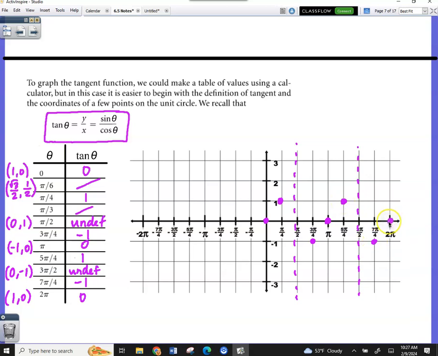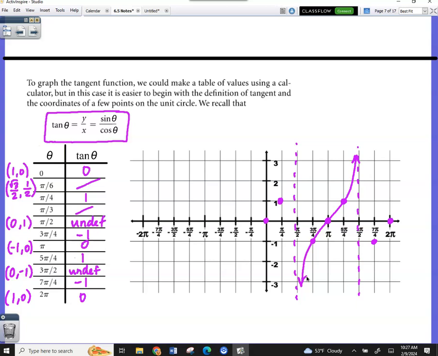2 pi is 0. So what makes tangent weird when you go to graph it, using the same radian measures within 0 to 2 pi, is that you end up graphing basically 3 tangent curves. There's half on the left, there's a complete one in the middle, and then there's half on the right. So that's why it's kind of weird.